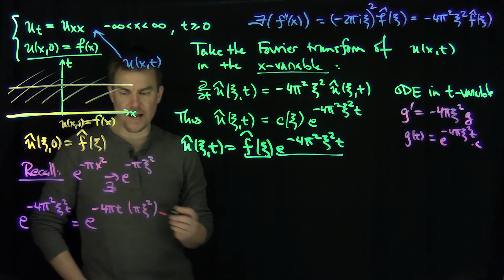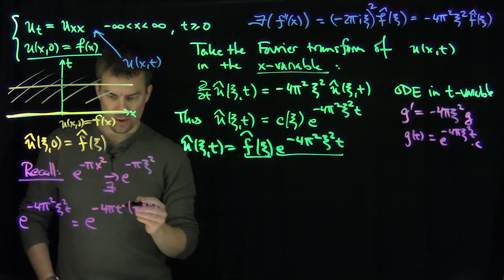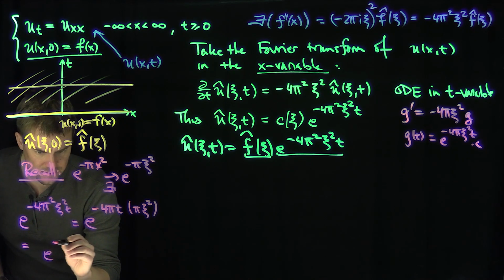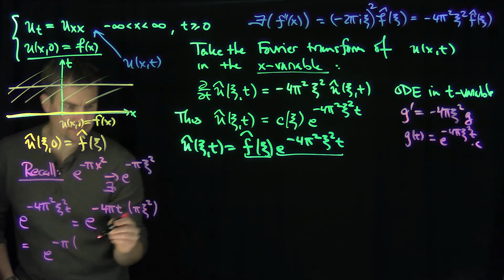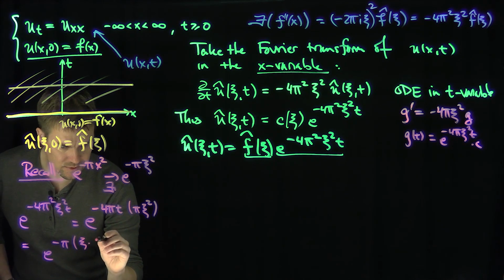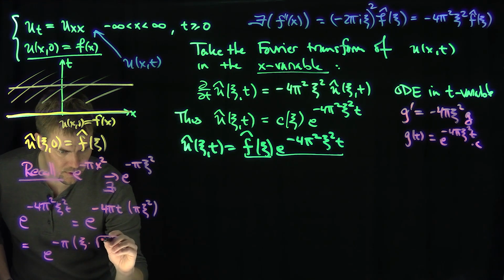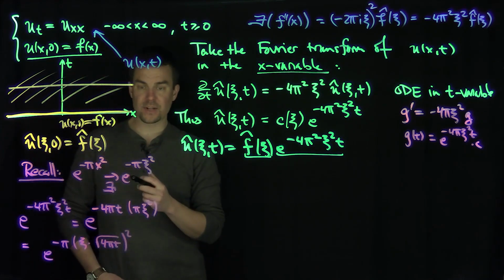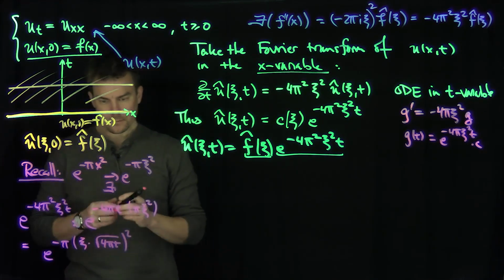So I'm really dilating my function by the square root of this thing. So now one final step: we're going to write this as e to the negative π times ξ times the square root of 4πt, quantity squared. Okay, so that's my dilation parameter.